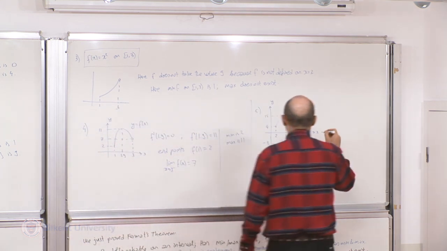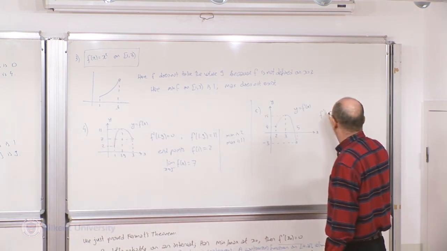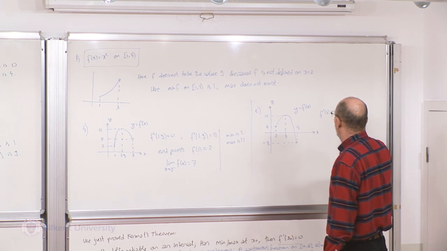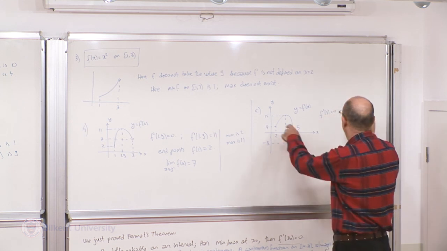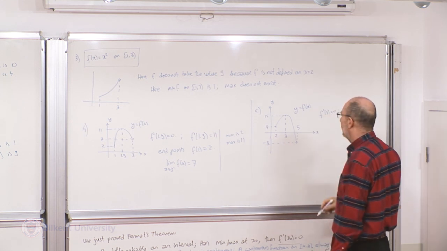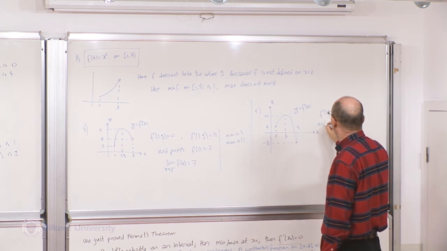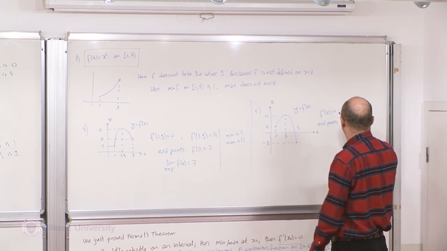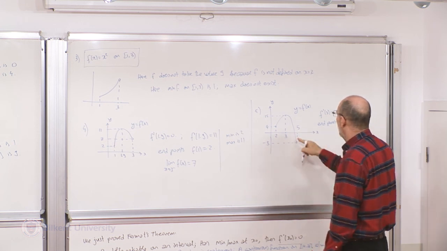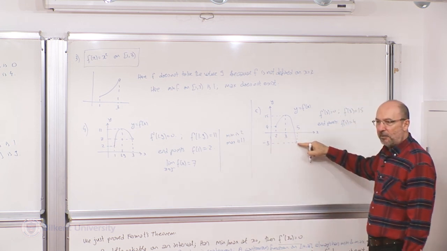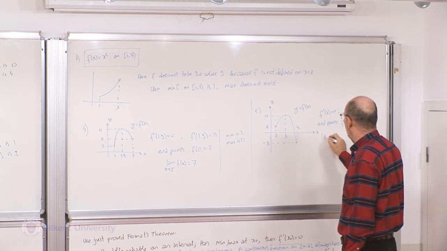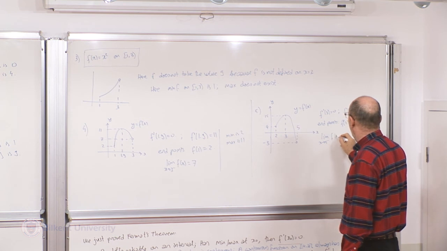We look at the derivative. So f prime 3 equals 0. So you calculate f of 3. It turns out that this is 15. Endpoint behavior, endpoints, f of 2 equals 4. F of 5 is not defined. So you look at limit as x goes to 5 from below f of x.